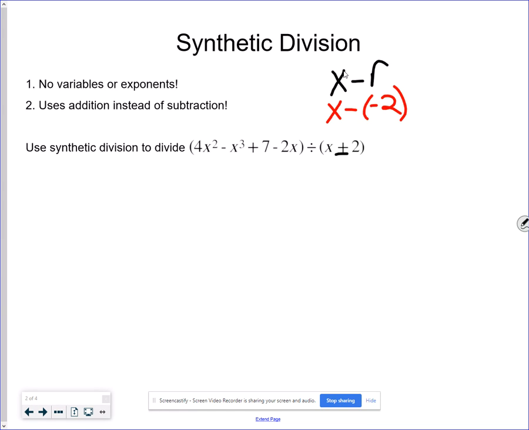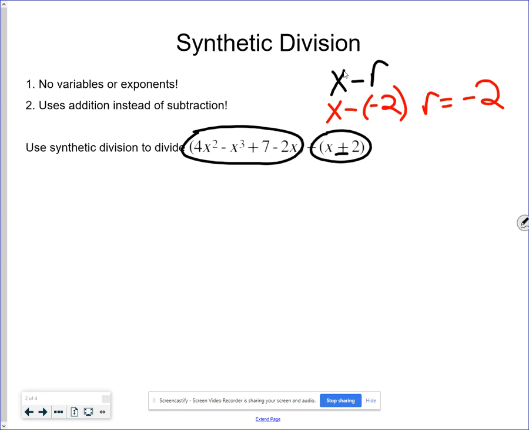So those two are equivalent. So in this instance, r is negative 2. So when you see that plus sign, just keep in mind that it's going to be negative 2. It's not what you'd expect it to be. So now we're going to look at this polynomial real quick.